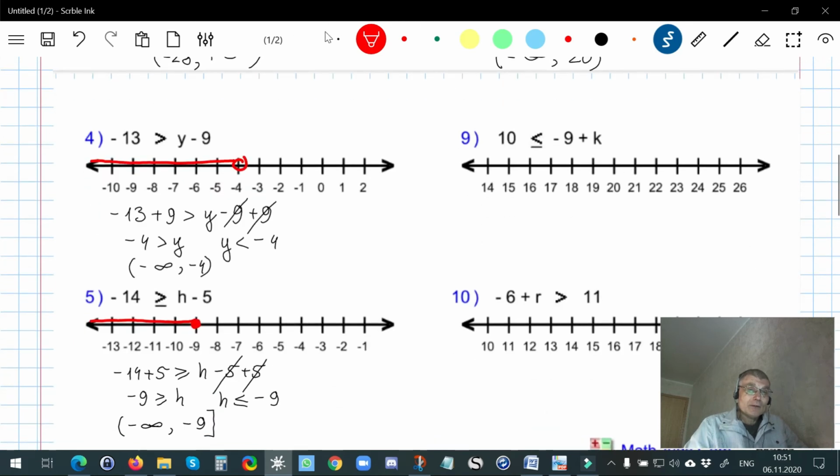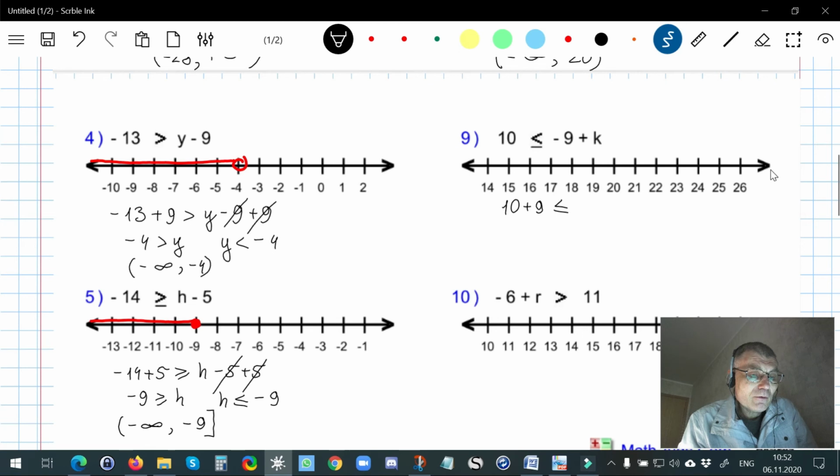We're doing fine. 2 to go. In number 9, we have an inequality with less than or equal to, so we'll include our boundary. We know this beforehand. We have to isolate k. To do that, we have to add 9 to both sides of the inequality.